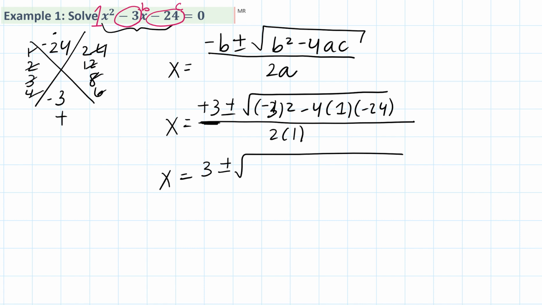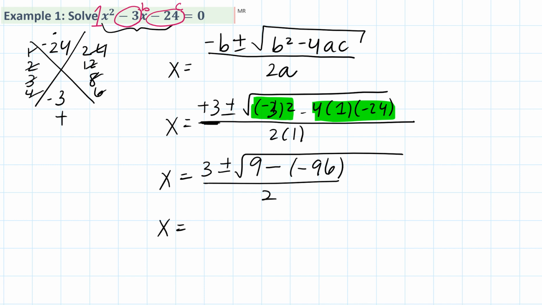I'm going to do some of this work inside of the square root first. I'll do the squaring, then I will multiply these three numbers. I want to keep the negative sign out of there so I can subtract next. Okay, so -3 squared gives me 9 minus 4 times 1 times -24 will give me -96, all over 2.